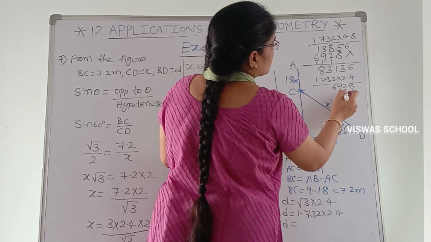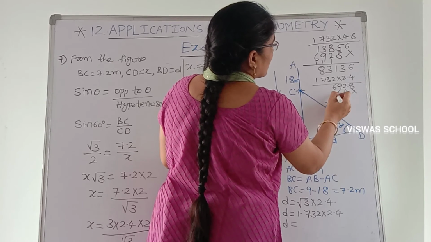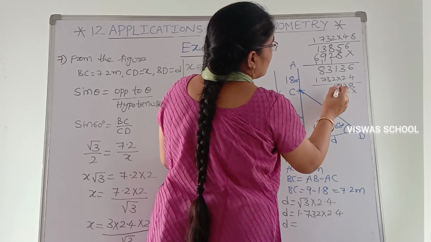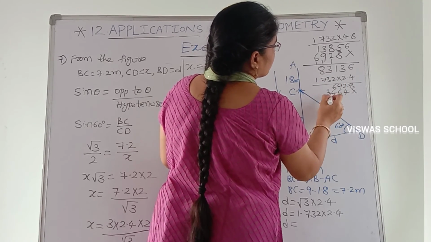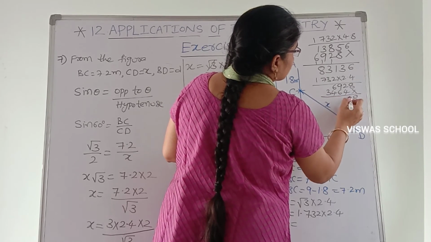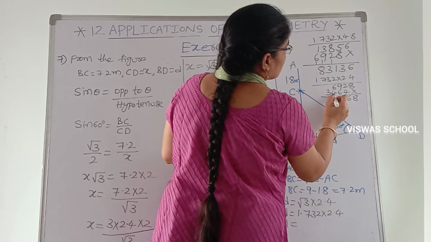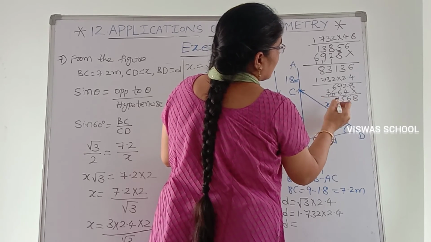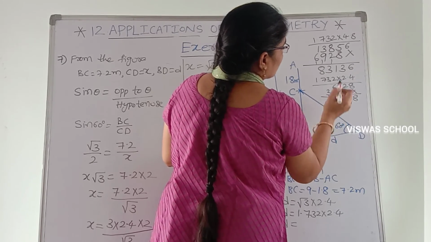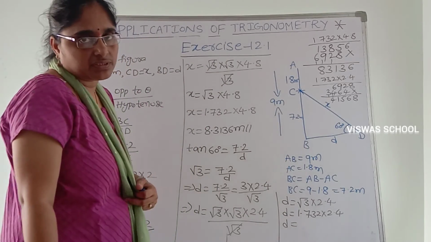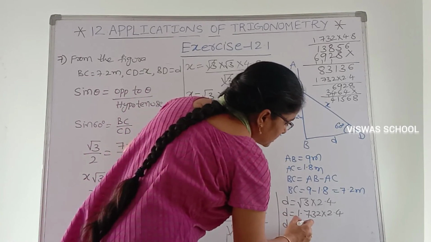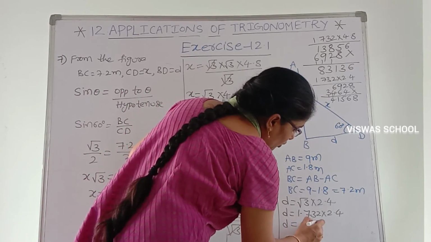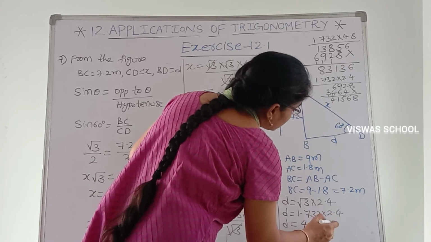And next with 2: 2 2s are 4, 2 3s are 6, 2 7s are 14, 2 1s are 2, 2 plus 1 is 3. Adding these up, d equals 4.1568.